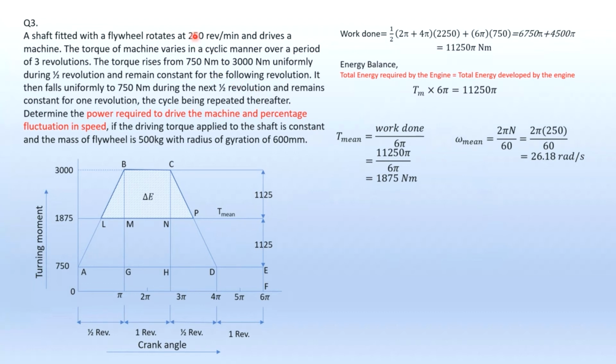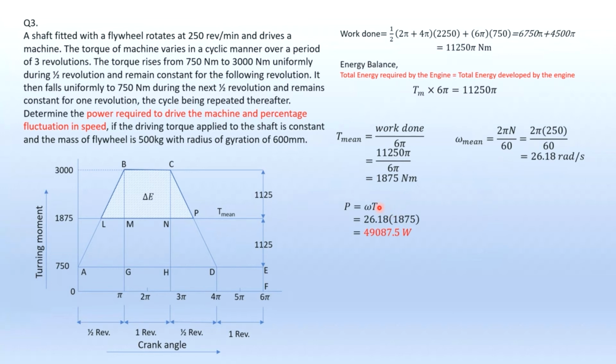Then converting the speed, which is 250 revolutions per minute. In this question, it is not stated whether it's max, mean, or average, so usually we will take this 250 here as the average speed. You take 2 pi N over 60, so you get 26.18 radians per second. We find out whatever is required at first.